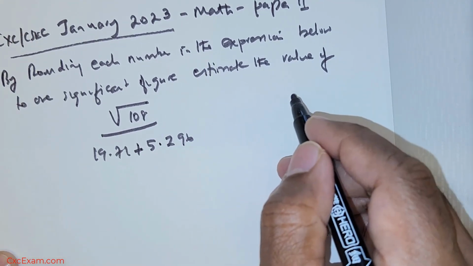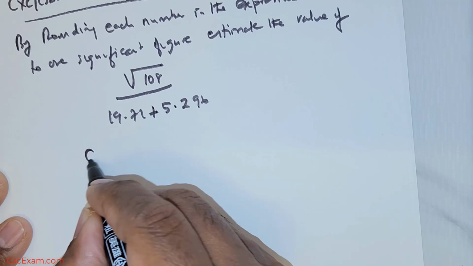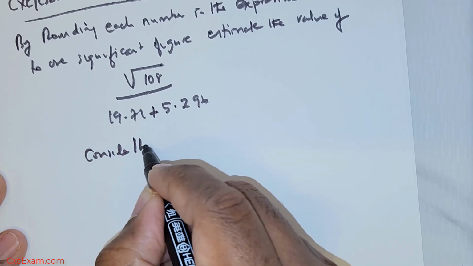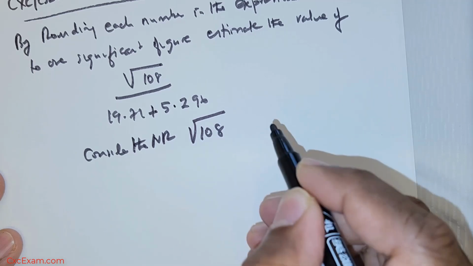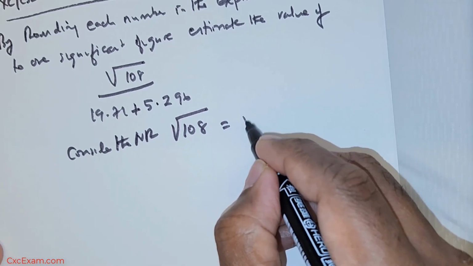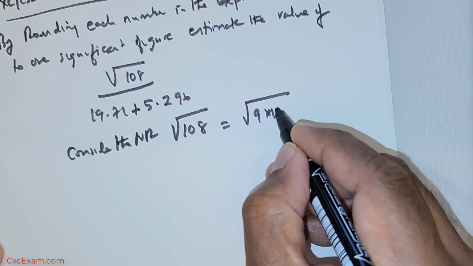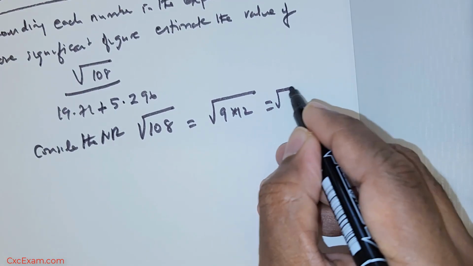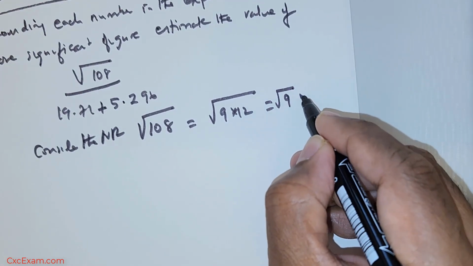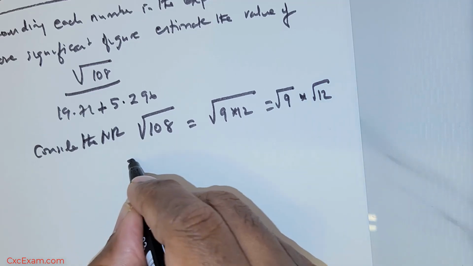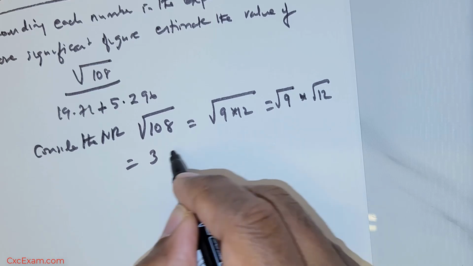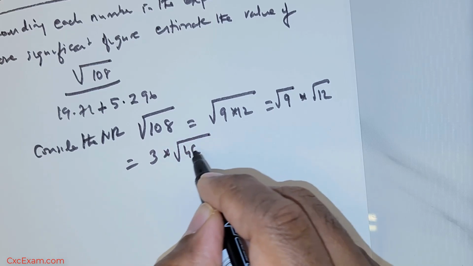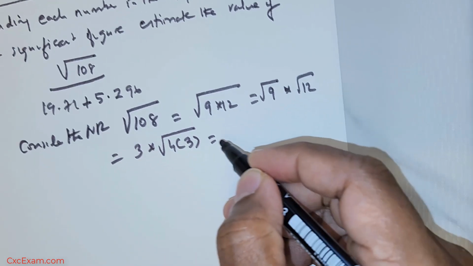Now you can consider the numerator, which is root of 108. Now 108 is nothing but 9 multiplied with 12. I can rewrite this as root of 9 multiplied with root of 12. Square root of 9 is 3, and the root of 12 I'm going to write as 4 times 3.